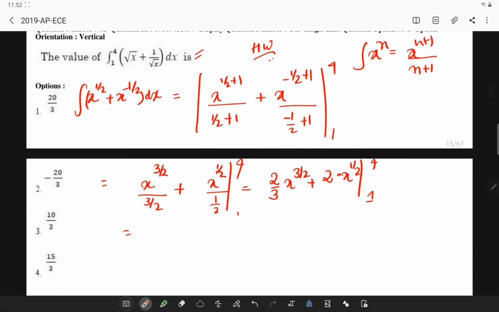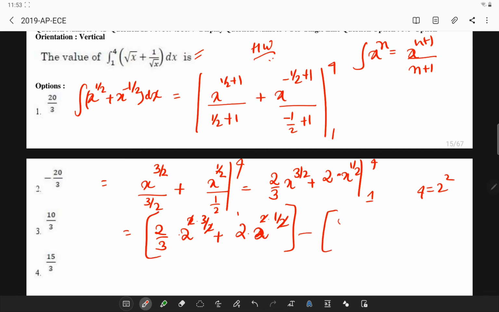So this can be written as 2 by 3 into 2 power 4, which can be written as 2 square, so 2 square into 3 by 2, plus 2 into 2 power 2 into 1 by 2, minus 2 by 3 into 1 power 3 by 2 plus 2 into 1 power 1 by 2.